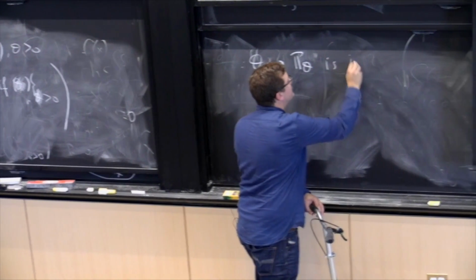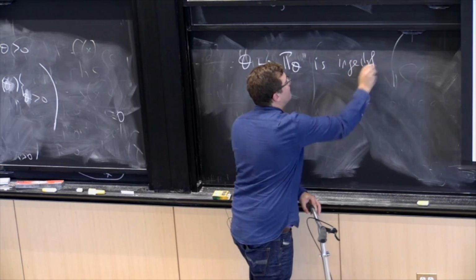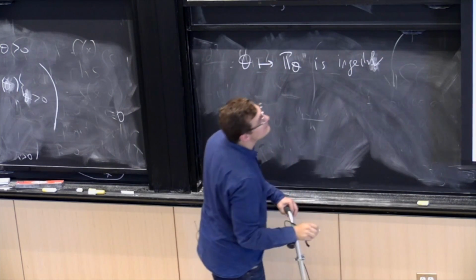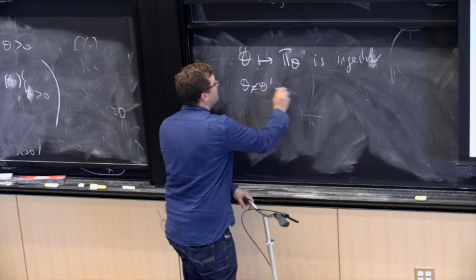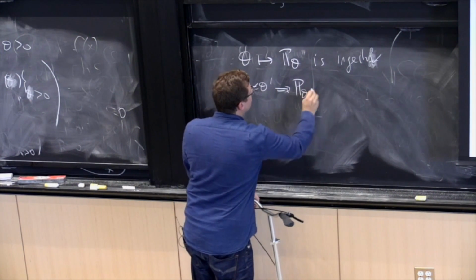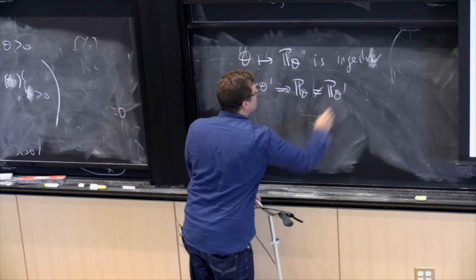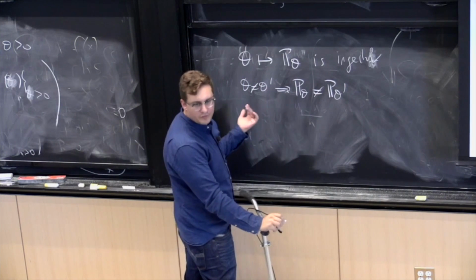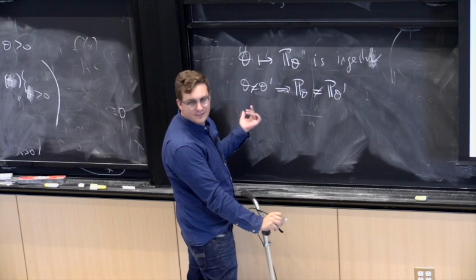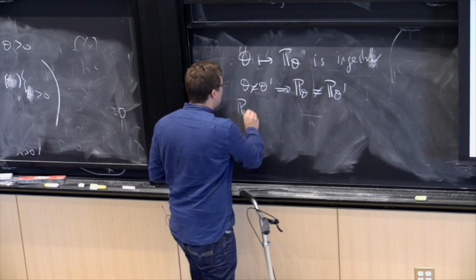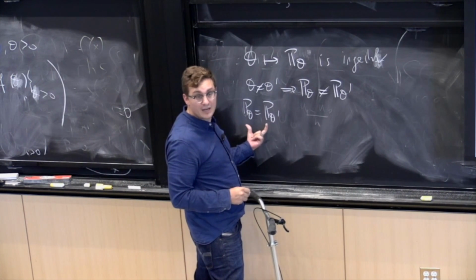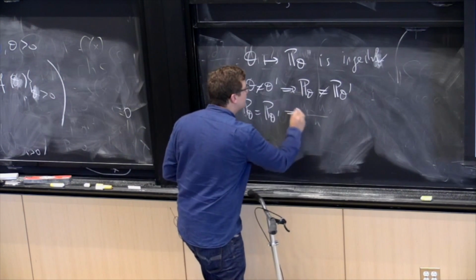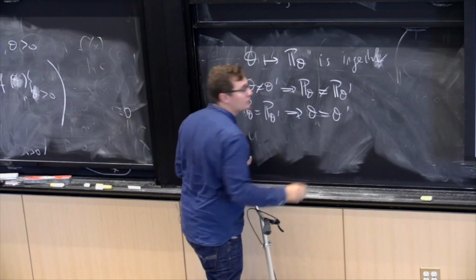And that's really to be fancy. What I really mean is that if theta is different from theta prime, then P of theta is different from P of theta prime. Or if you prefer to think about the contrapositive of this, this is the same as saying that if P theta gives me the same distribution as theta prime, then that implies that theta must be equal to theta prime.